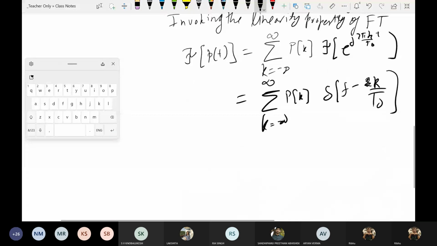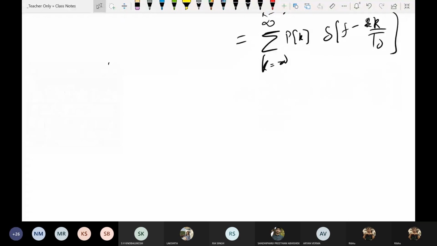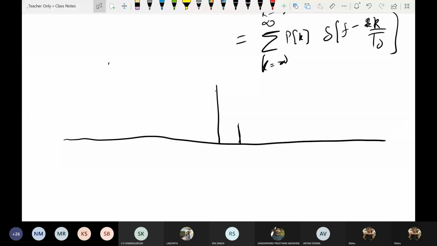Any problems with this? So this means that if I draw the spectrum, this will be p0, p1, p2, and these will be spaced.